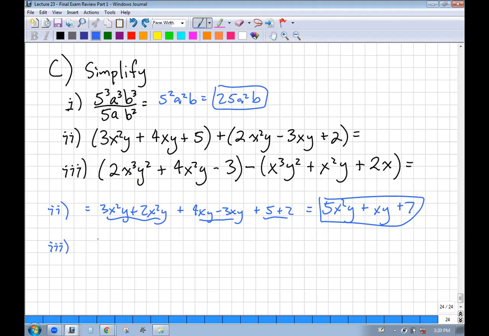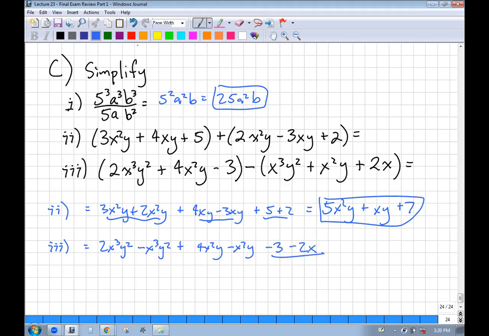So this one here, if we would show our work, we'd have the 2x cubed y squared, and then distribute this minus. We got a minus x cubed y squared. Now the x squared y's, I have 4x squared y minus an x squared y. Now I have a minus 3 and a minus 2x.